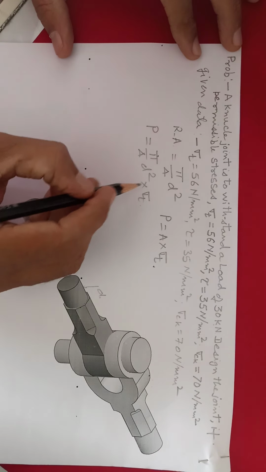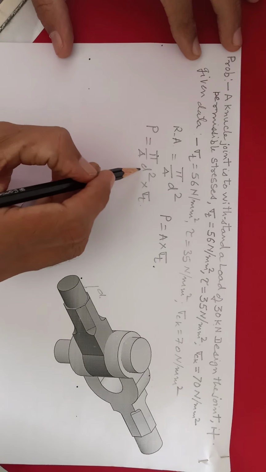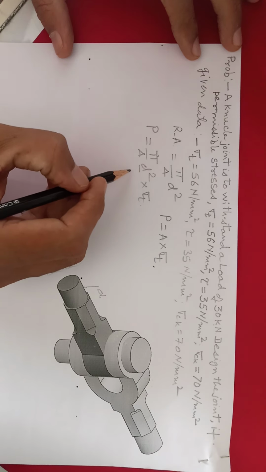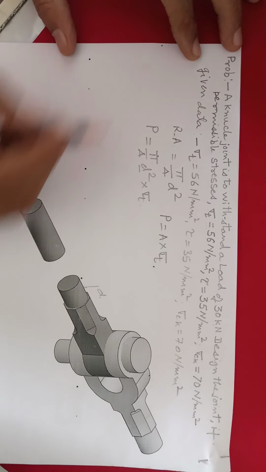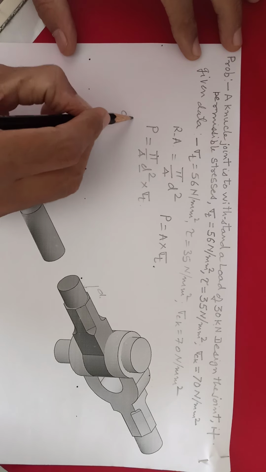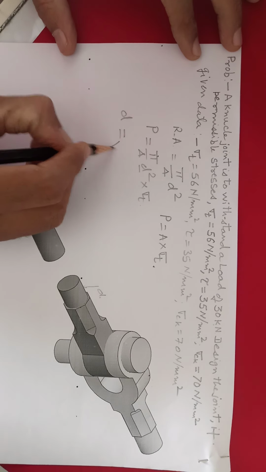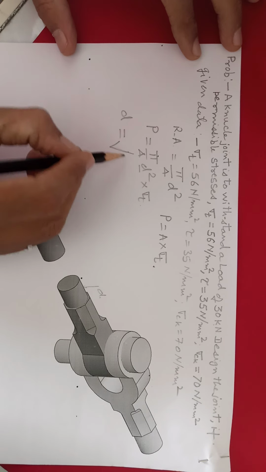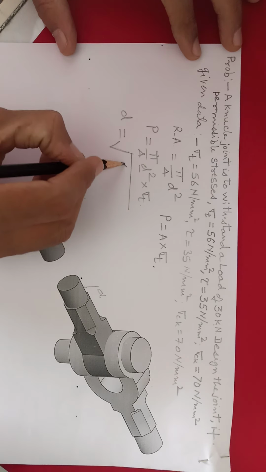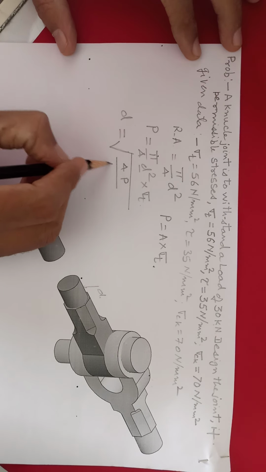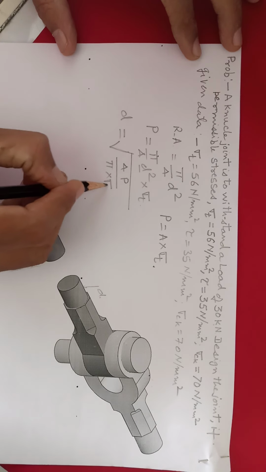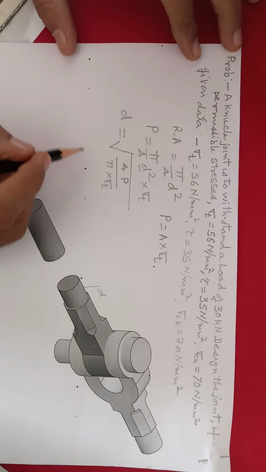Now we have to find out the value of diameter. We will calculate the diameter of rod. The rod is considered in tension. So d is equal to square root of 4P divided by pi into sigma t.